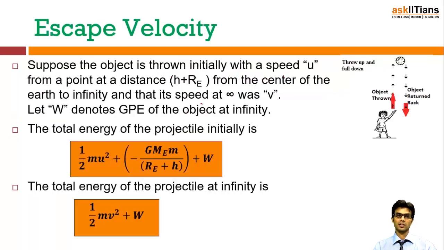Now, escape velocity. Suppose an object is thrown initially with a speed u from a point at a distance R_E plus H from the center of the Earth. This is the Earth, this is R_E, and the object is thrown from here, so this is H. R_E plus H is the total distance.